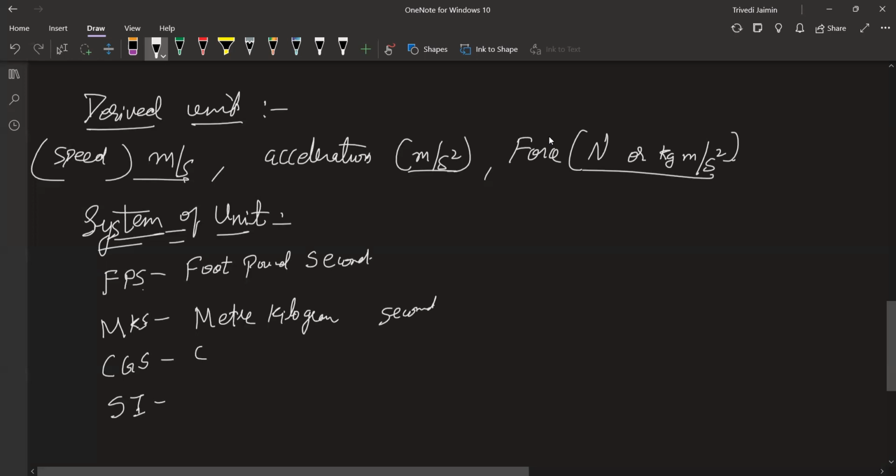Centimeter, gram, and seconds. Exactly. And SI is the International Standard System. The SI is same as MKS, right? Exactly.